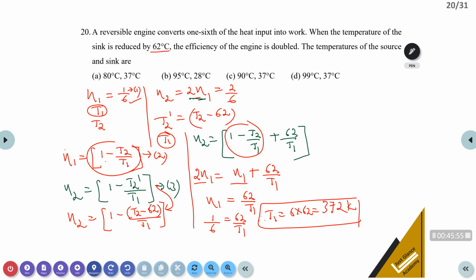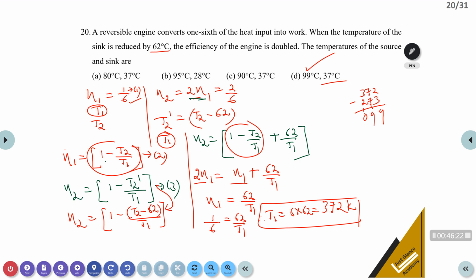But all choices are in degree Celsius, no? So 372 minus 273, that is 99 degrees Celsius. 99 means there is only one. No need to calculate further, because there is only one such choice.